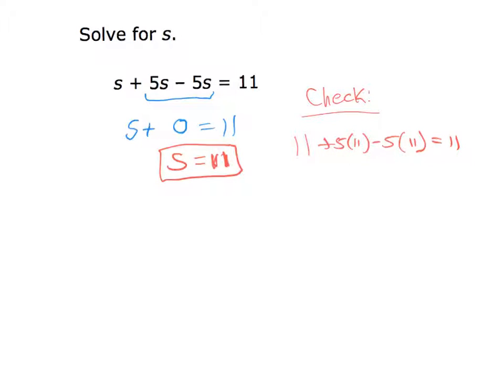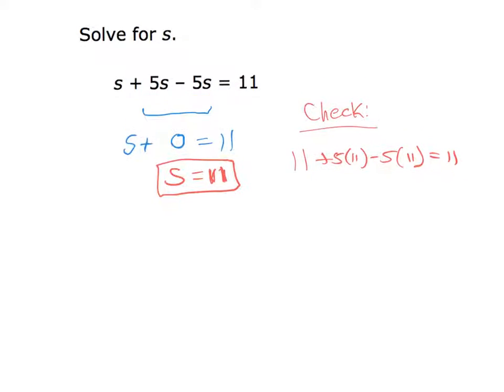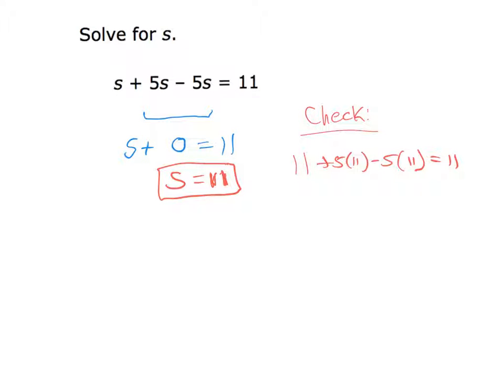So we have 11 plus 55 minus 55. Does that equal 11? Well, yeah, those cancel out. 11 equals 11.